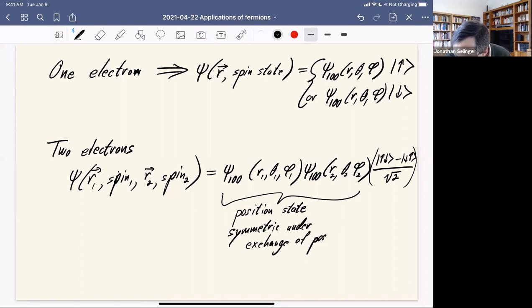That is, if we just exchange the positions and we keep the spins the same, we don't exchange the spins, then the wave function stays the same. Now, over here, this is the spin state, and it is anti-symmetric under exchange of spins.